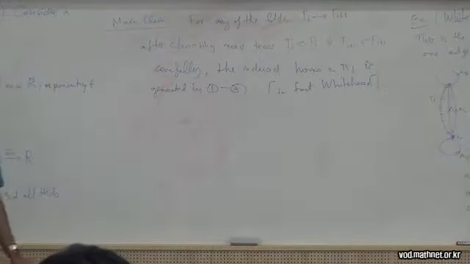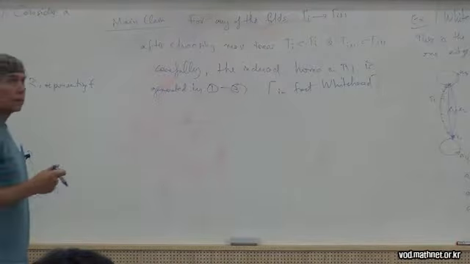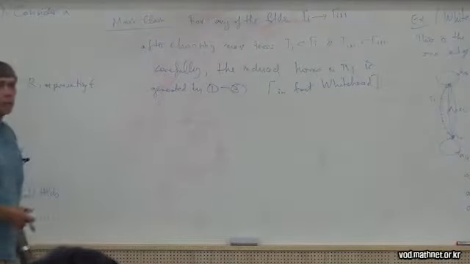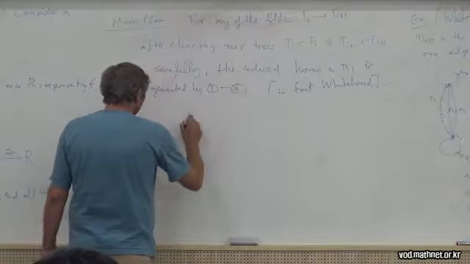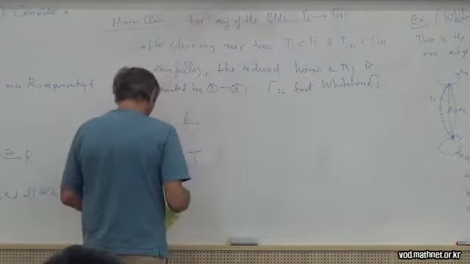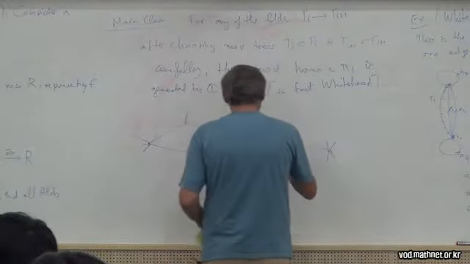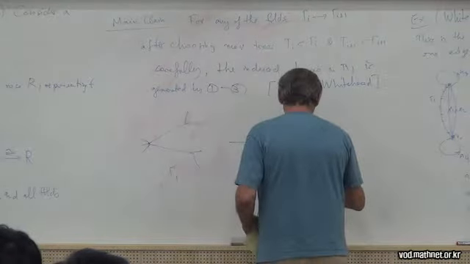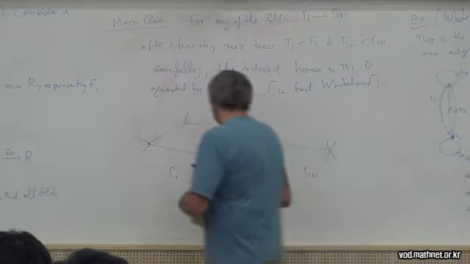Okay, so why is that? We kind of already touched on this at the very beginning. Any one of these folds is type 1 or type 2. So let's say it's type 1. Then I have this picture. This is gamma I, and this is gamma I plus 1.